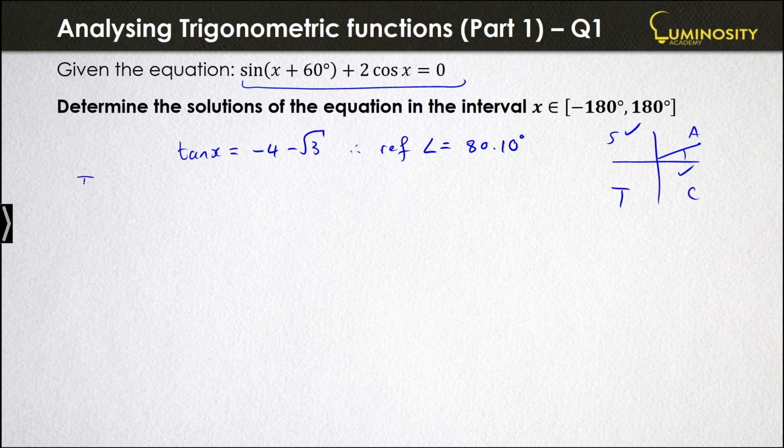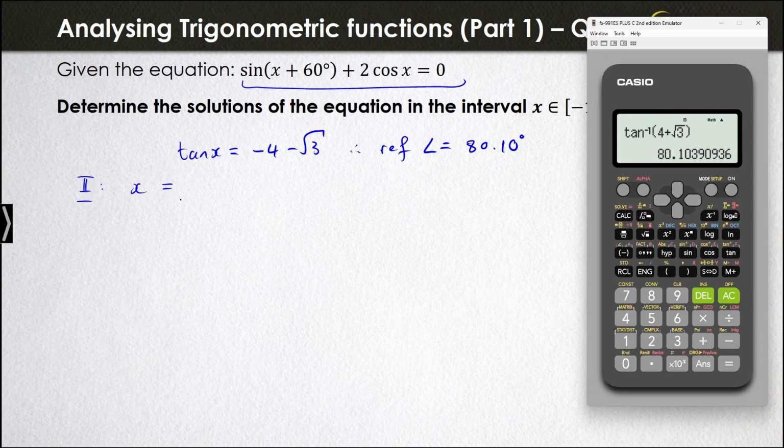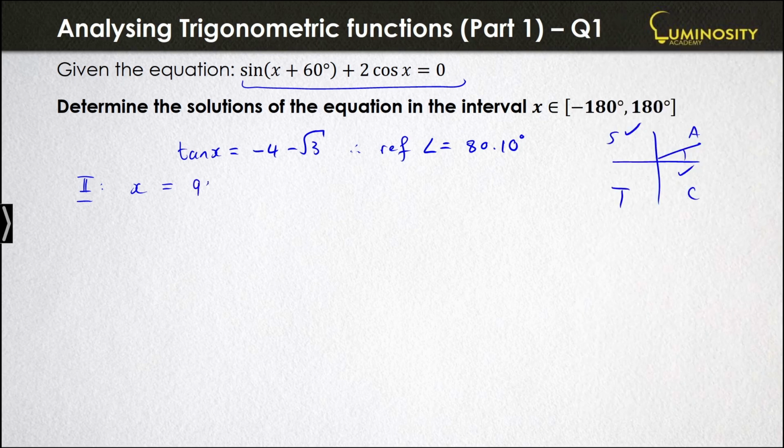So therefore, in the second quadrant, the angle x is 180 degrees minus this value. So 180 degrees minus that answer, we're going to get, let's say rounded to one decimal place, 99.9 degrees.